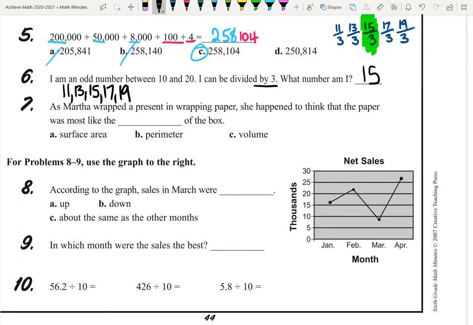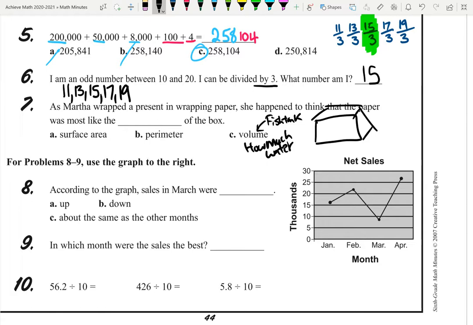As Martha wrapped a present in wrapping paper, she happened to think that the paper was most likely the blank of the box. Volume, you want to think of something that's 3D and it's filled with water. So I like to think of a fish tank. And the volume is how much water. The surface area and perimeter.